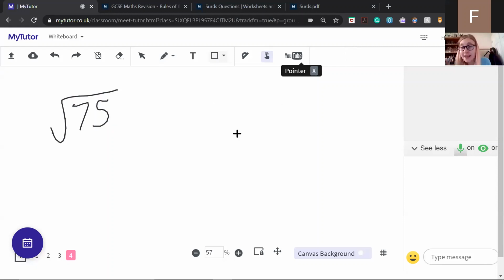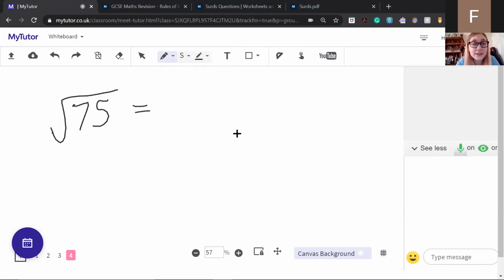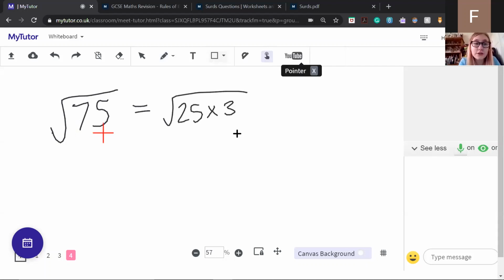And you'll see why in a moment. So I can see that 25 goes into this. So 75 is 25 times 3. So we'll write it as that. All I've done here is write 75 as 25 times 3. I'm allowed to do that. No one's stopping me. That's just a different way of writing 75.